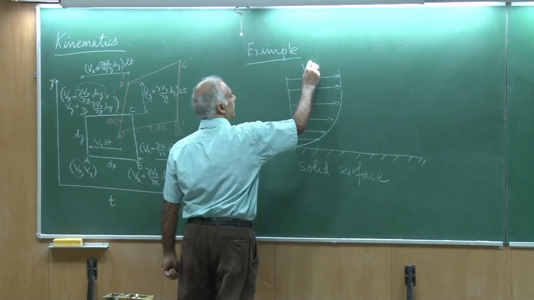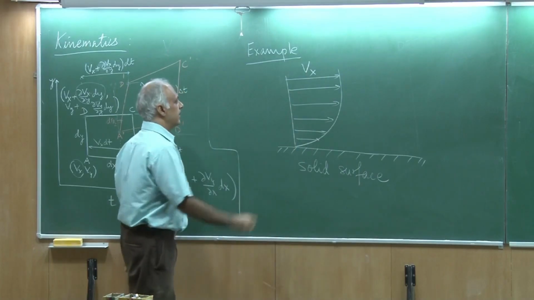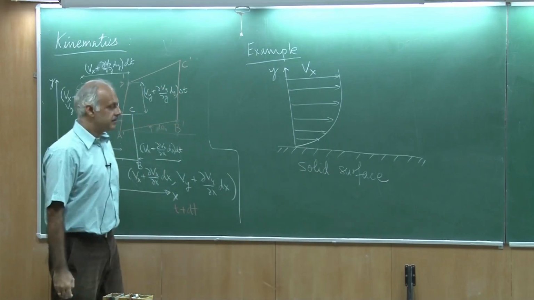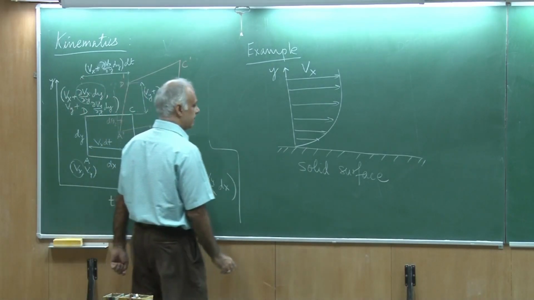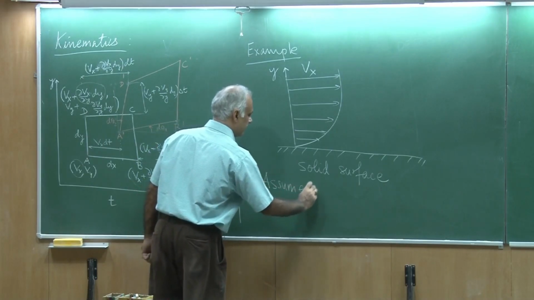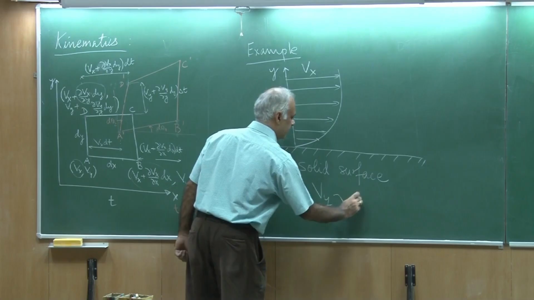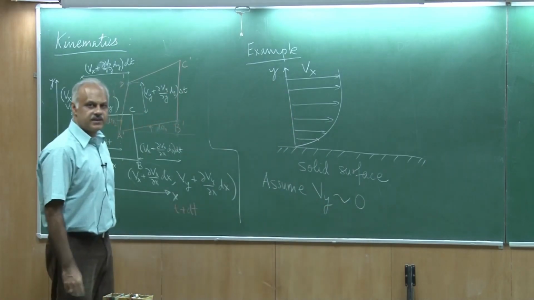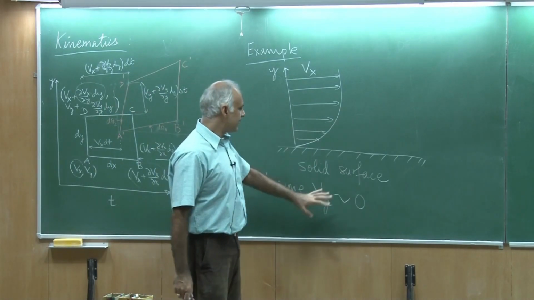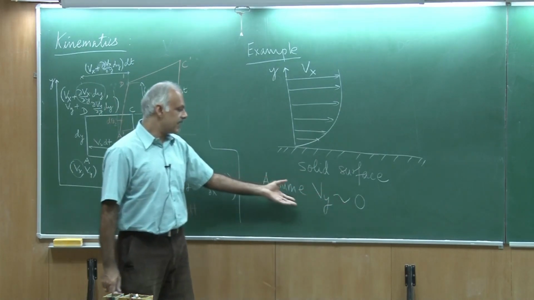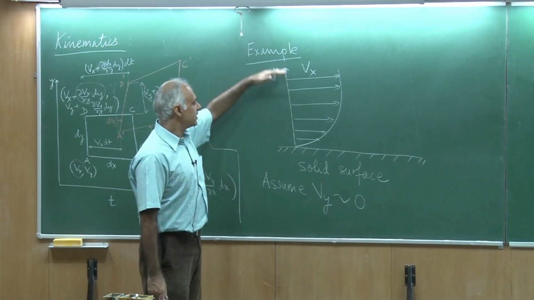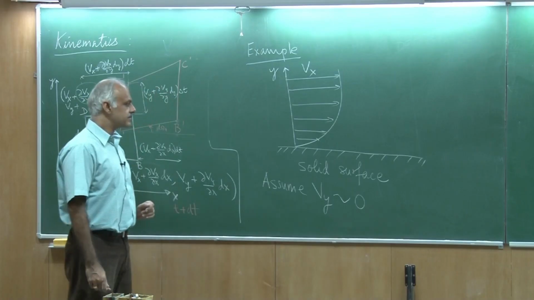Let me call this Vx. Assume Vy is 0. This is just for simplifying. Things are only along the x direction, and although this is not a great assumption, just for explaining the concept, we forget about the velocity in the y direction.